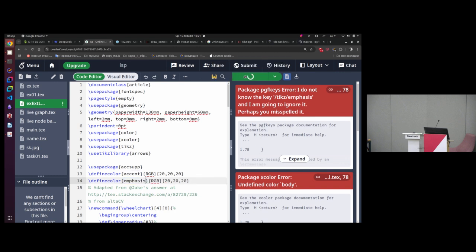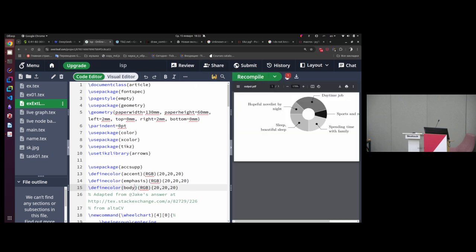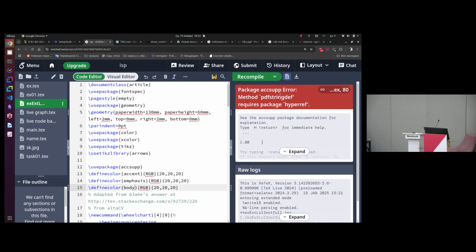So we see something about colors, and let's define the color. Yeah, and now we have an unknown color body. We'll still make it the same because we are too lazy. And recompile, and the last error is that some method requires package hyperref.